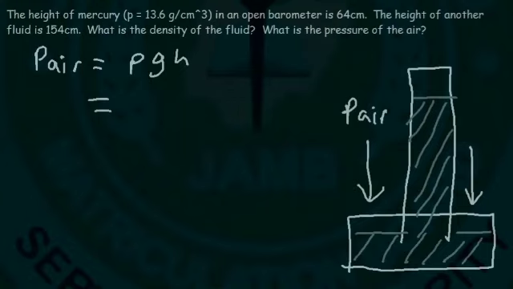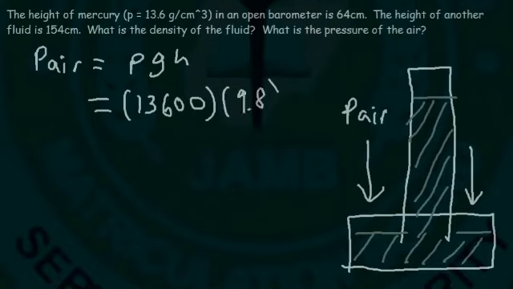Now for this equation, the density of mercury has to be in the units kilograms per cubic meter. So if it's 13.6 grams per cubic centimeter, that's 13,600 kilograms per cubic meter. g is 9.8, and the height of the mercury column in meters. To convert centimeters to meters, divide by 100. So this is going to be 0.64.